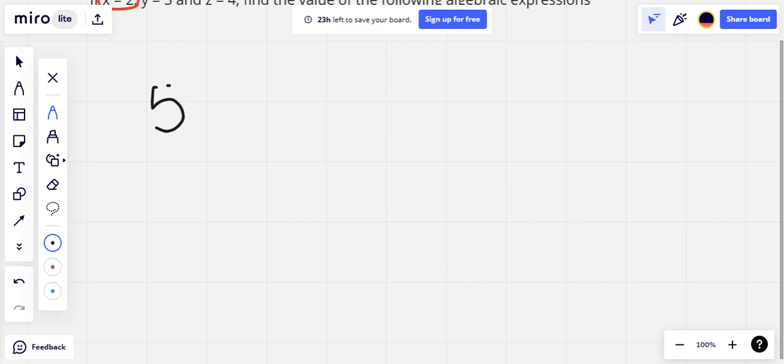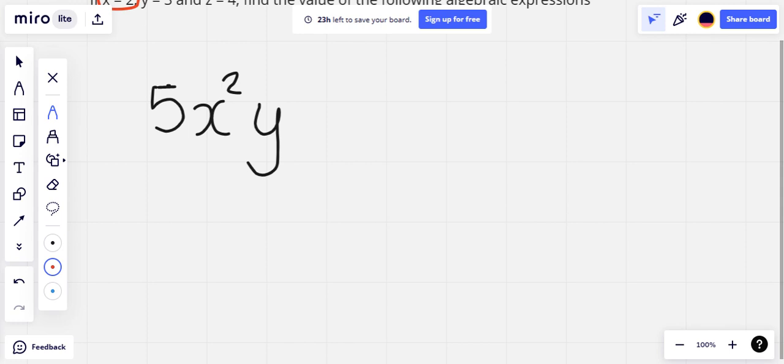So let's look at this one: 5x squared, and then we have y. All right, so we're going to expand this a bit so that you'll see what you are working with. All right, let's expand it.